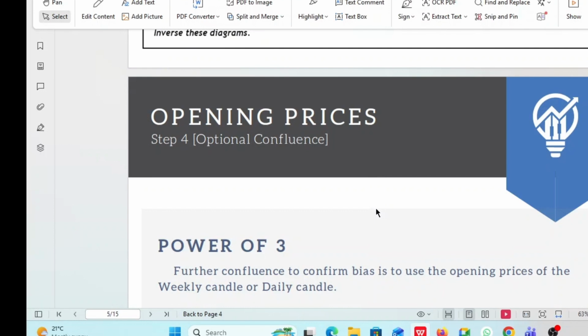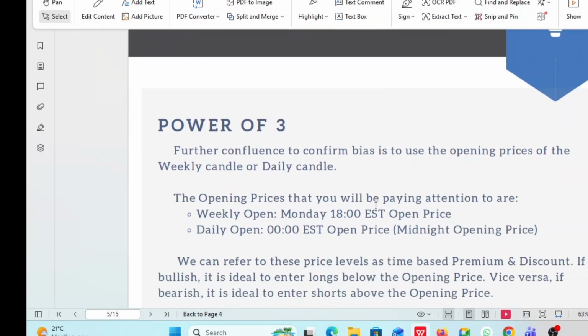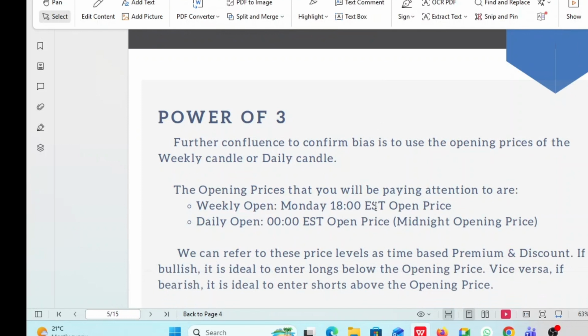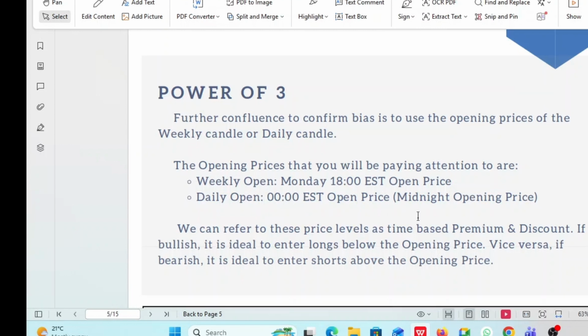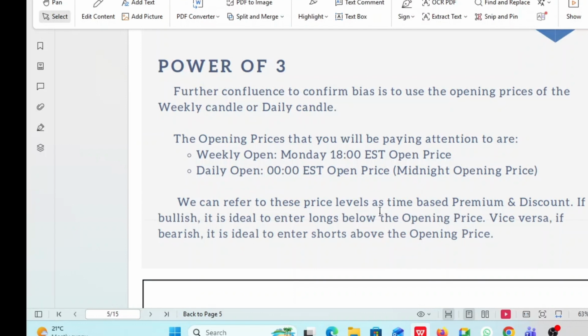Another step, step 4, is the opening price. We call it optional confluence, or the power of 3. A further confluence to confirm bias is to use the opening price of the weekly candle or the daily candle. The opening prices that you'll be paying attention to are the weekly opening on Monday or the daily opening at 00 midnight.